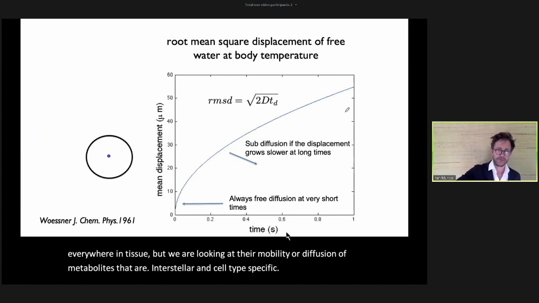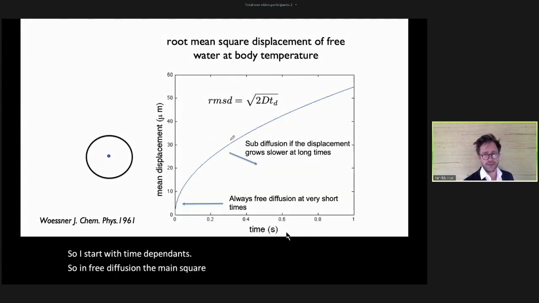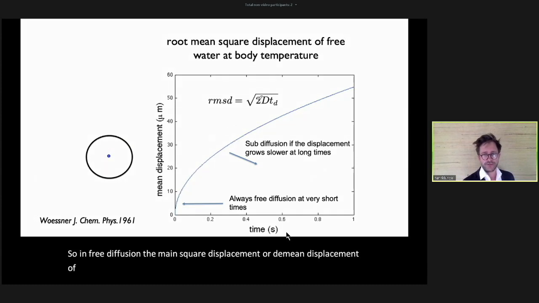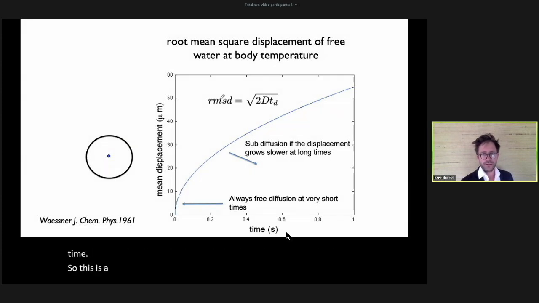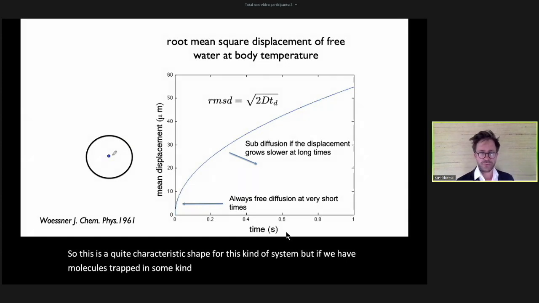So I start with time dependence. In free diffusion, the mean square displacement, or the mean displacement of molecules, will follow this relation. It will follow the square root of time. So this is a quite characteristic shape for this kind of system. But if we have molecules trapped in some kind of enclosure, we are going to be trapped at some point.